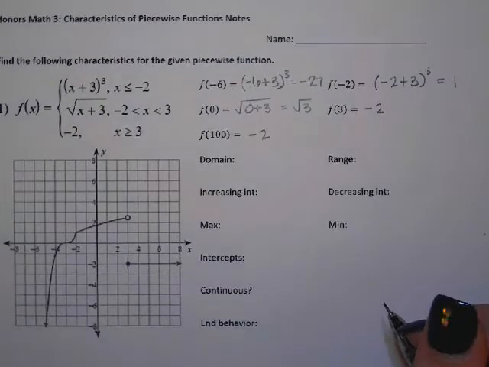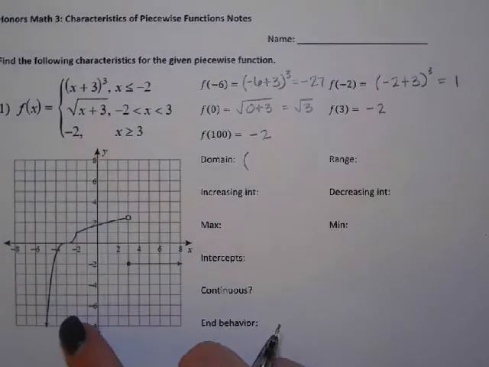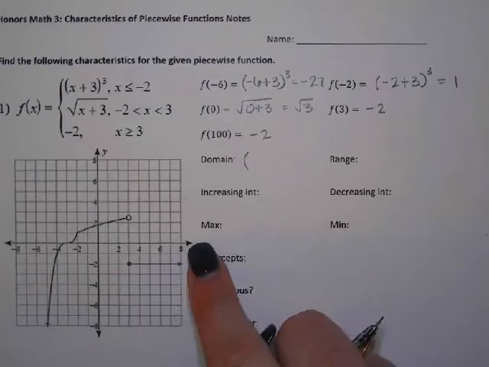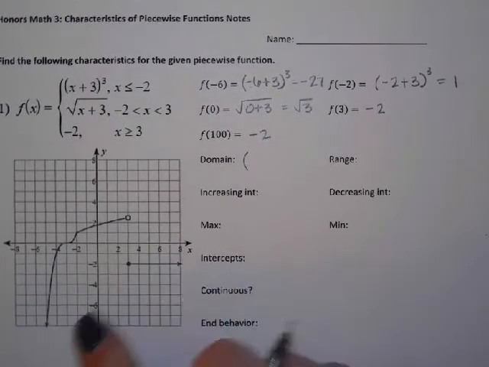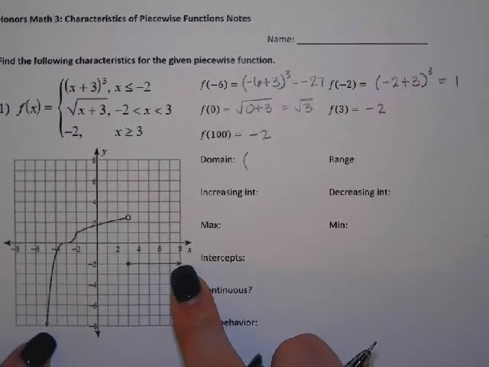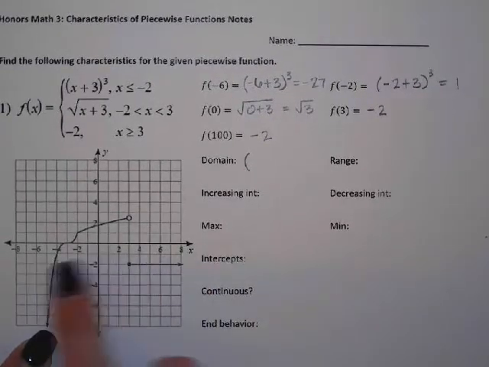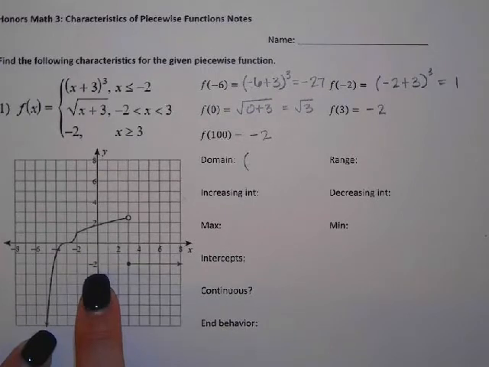Okay, so domain and range. With the domain, I have a left arrow and a right arrow. And so I can see that it feels like it should probably be -infinity to +infinity. Because these graphs are not continuous, I need to check and make sure that all of the x values in between are getting used.